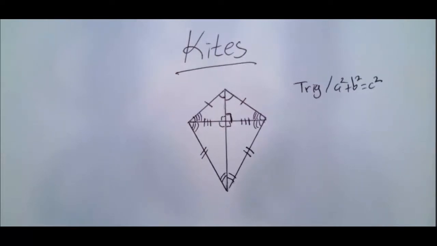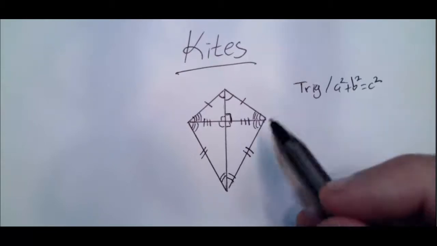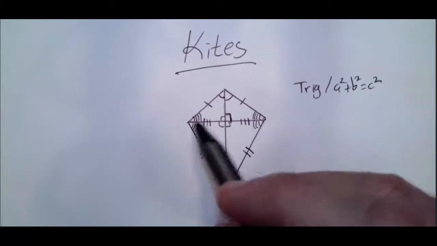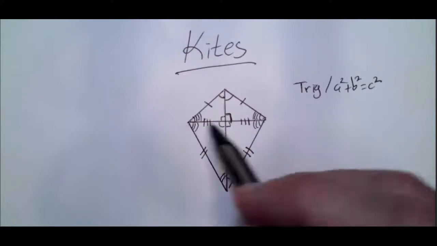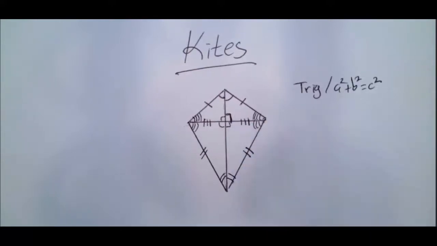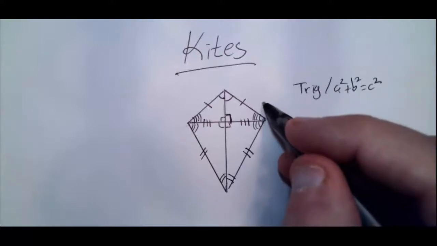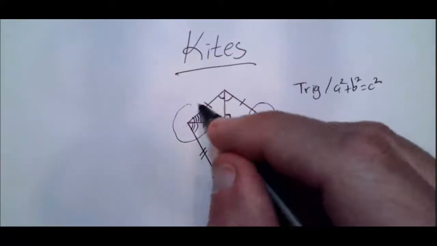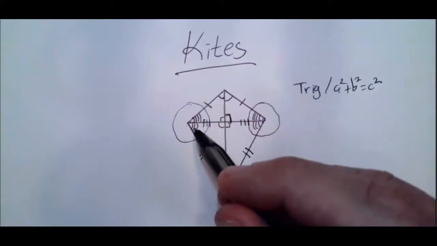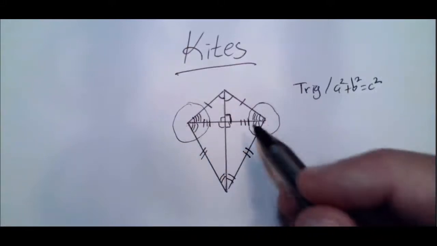Wow, a lot of things going on. Now, here is one of the most important things you need to know about the kite. I call these two parts of the kite the wings. It's like the flaps or the wings of the kite. Well, if I was to measure this angle and this angle, I'm talking about the whole thing, notice we got 3, 4, 3, 4.